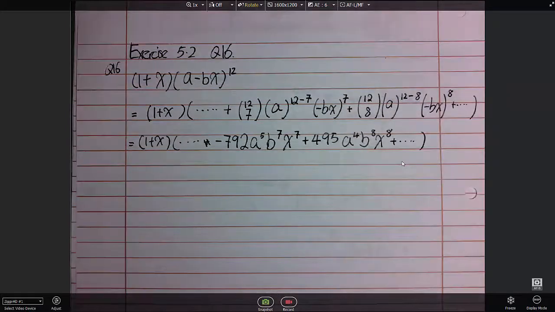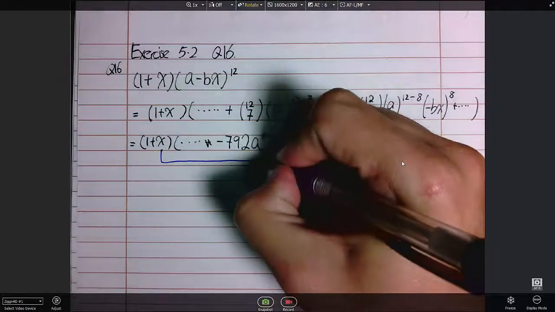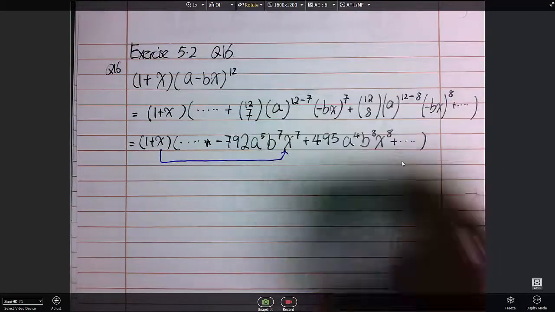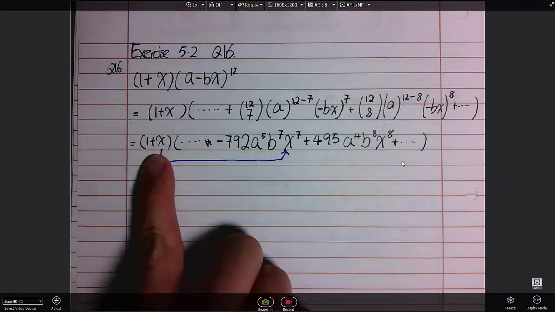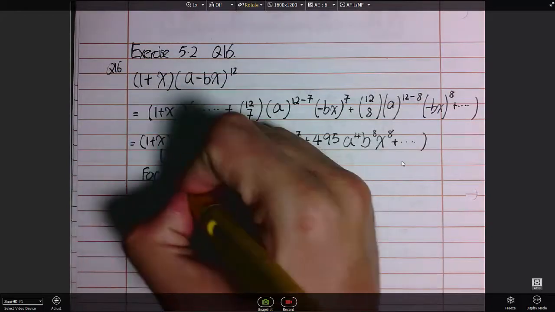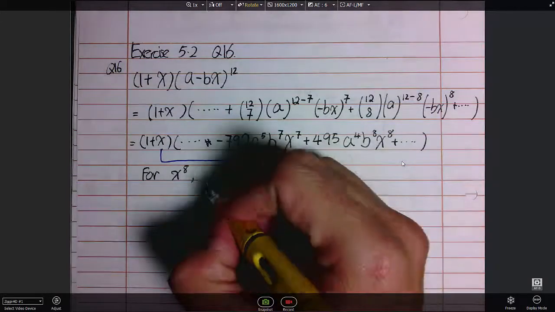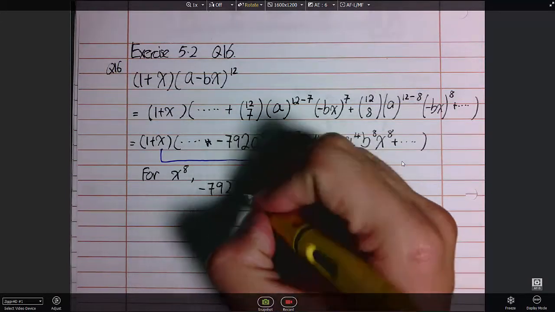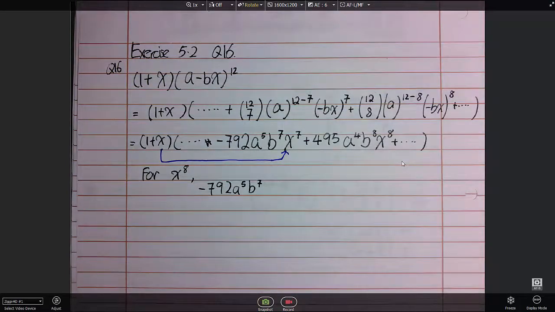Now, if I want to get the term in x to the power of 8, I use the purple pen first. This term multiplied by this term will give me x to the power of 8. The coefficient of this one here is 1 times this. So for the term for x to the power of 8, 1 times negative 792 a to the power of 5, b to the power of 7.